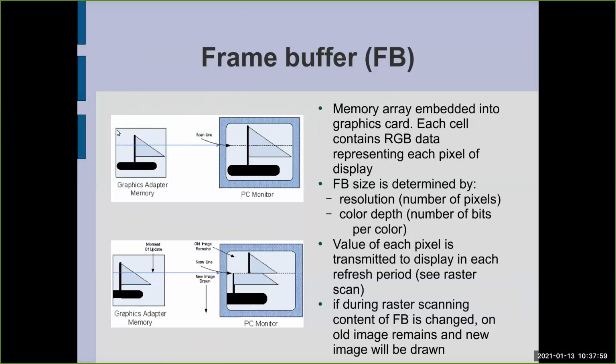So refreshing relies on taking values pixel by pixel, row by row. Okay. When the refreshing is finished, the new refreshing cycle starts from the origin of this image, so from the top left pixel.